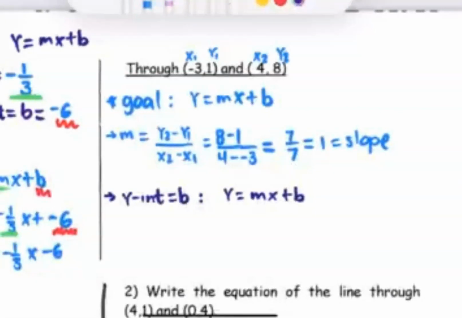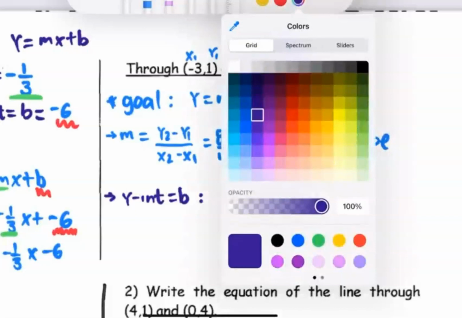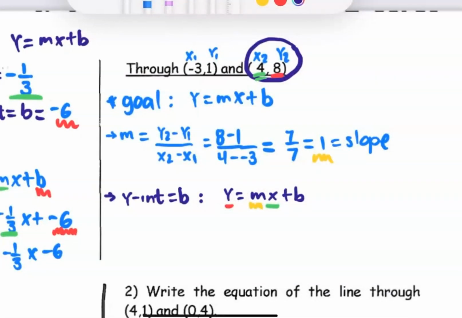I want to choose these numbers to work with them. And so instead of saying y, I'm going to say the y number. Instead of saying x, I'm going to say the x number. And instead of saying m, I'm going to say my slope.